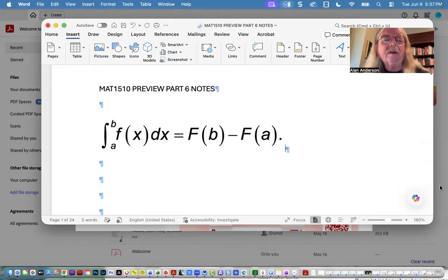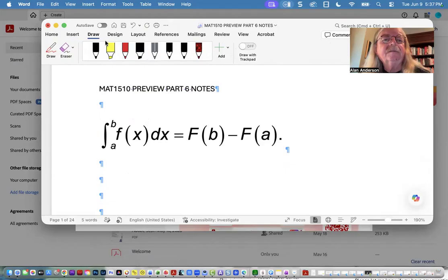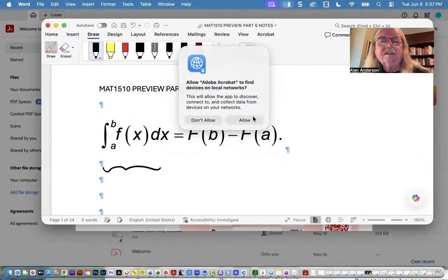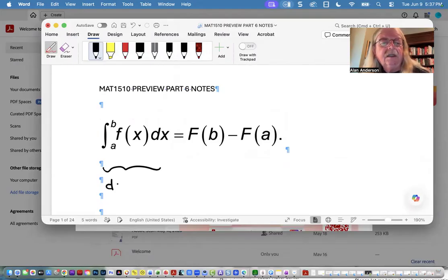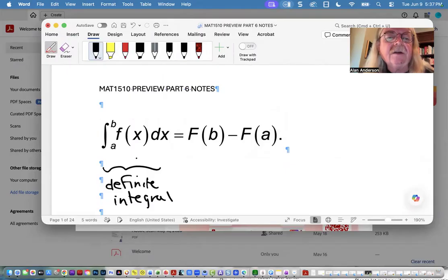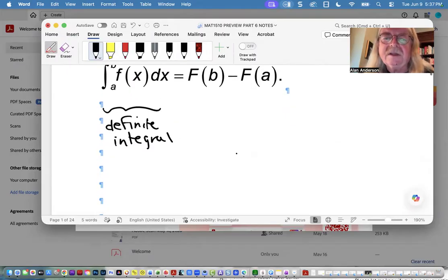All right. So if you remember the way the book's notation works, first of all, on the left-hand side, you have, of course, a definite integral, and that's because you're solving for a specific value. What you're really doing is looking for the area under a curve between two endpoints.